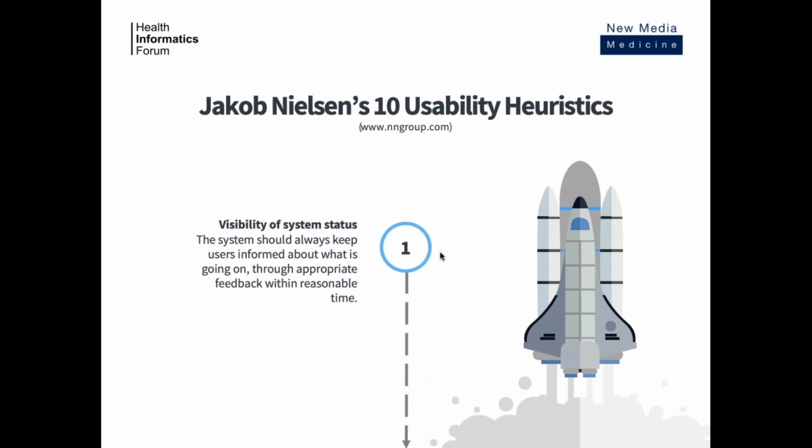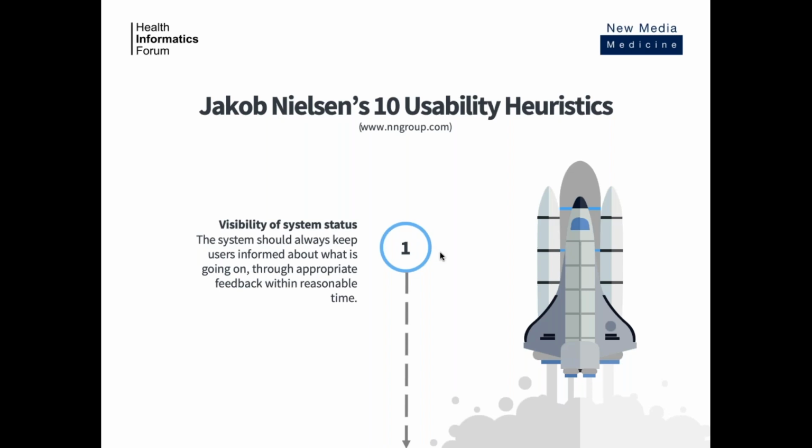And over the last 20 years or so, they've come up with these heuristics, or heuristics means rules of thumb. So they're guidance that's not necessarily scientific, but just things that have worked over the years and that they as experts think are important when designing systems. And they've boiled them down to these 10 criteria.